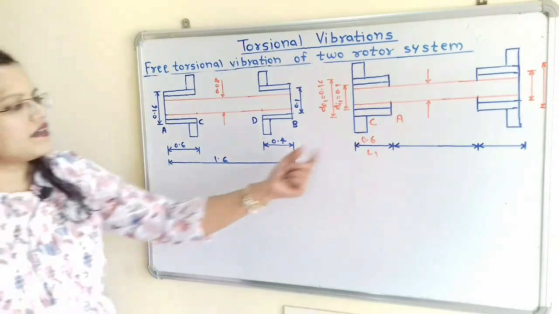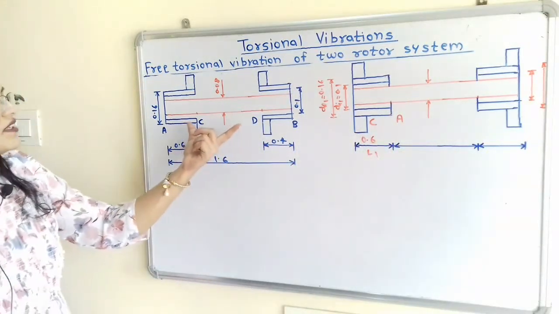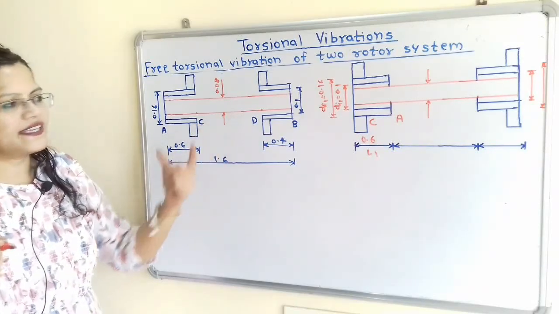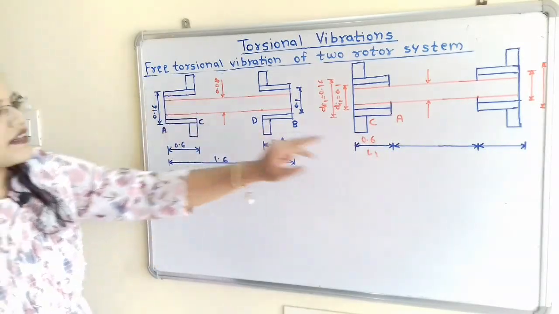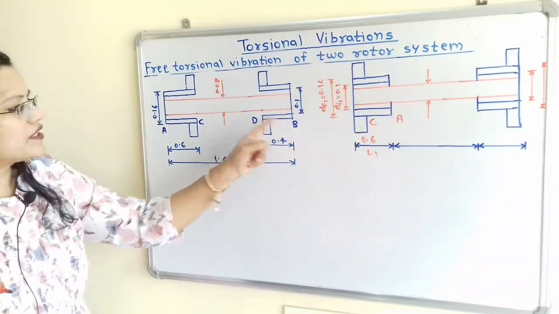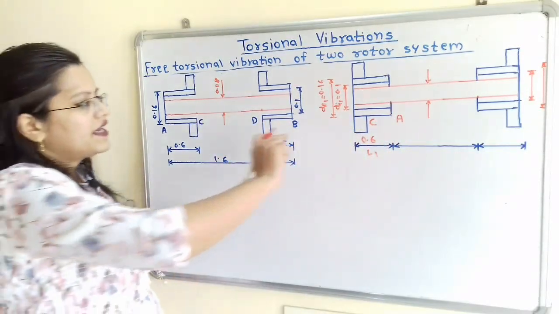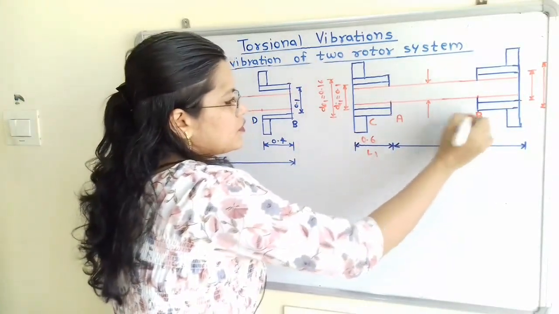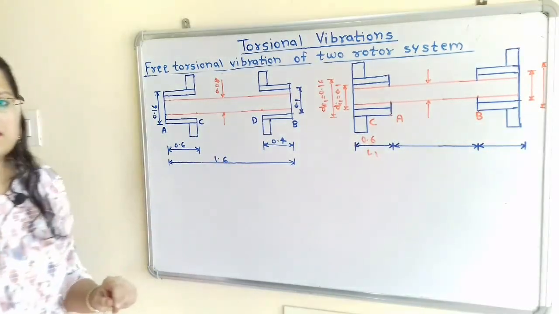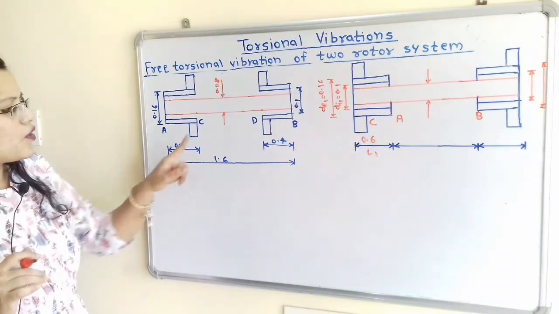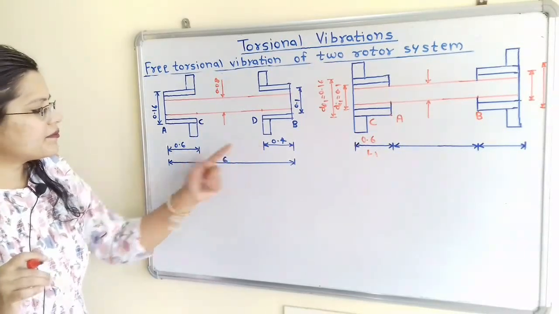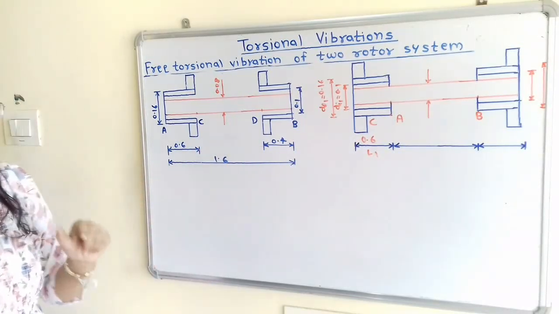Now we will move to the next section, that is in between C and D in the first diagram. But we have rearranged this diagram, so in the same way we also rearrange this solid shaft, and here will be end B. Now in between the points A and B, the remaining length: 0.6 plus 0.4 is 1, so the remaining middle length is 0.6 meter.